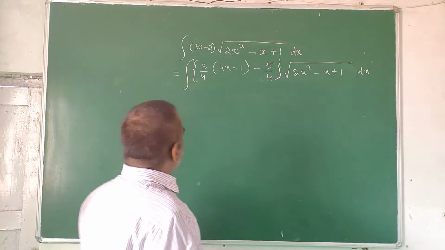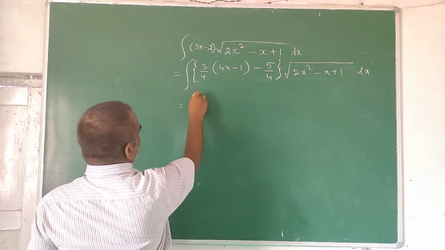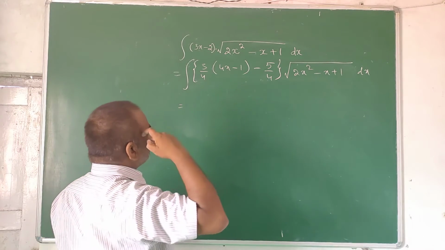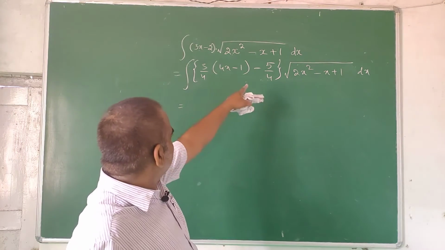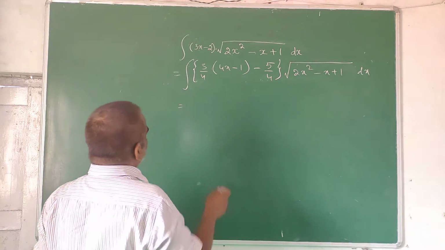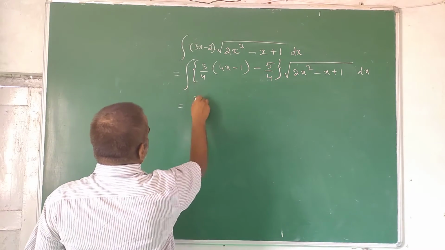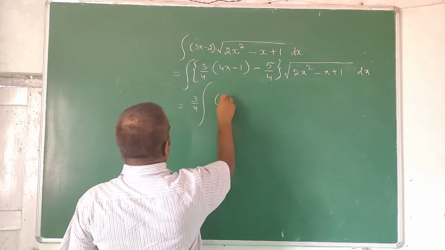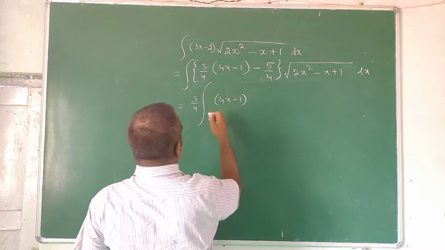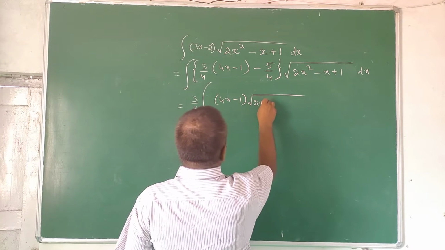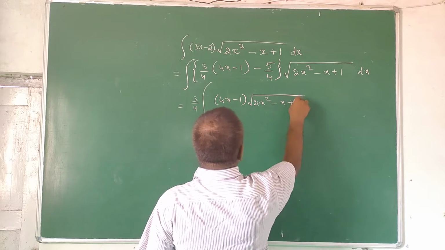Okay, so now what you have to do is multiply each of these terms in the bracket with that, and you have to separate the integral. So if you do that, 3 by 4 is constant, comes outside, into 4x minus 1 into root over 2x square minus x plus 1.